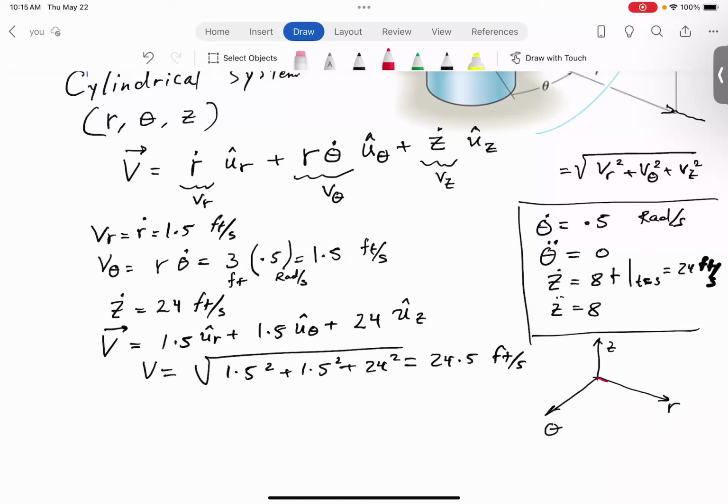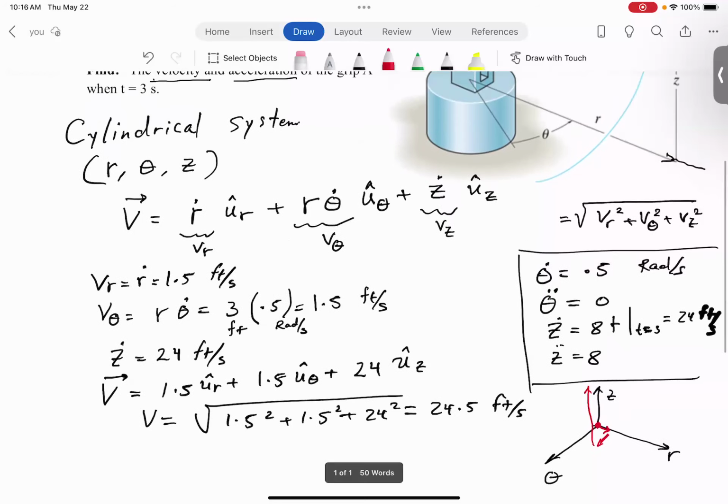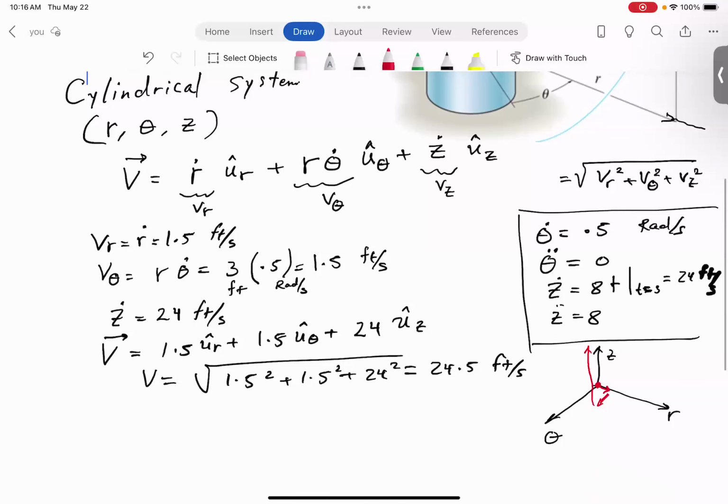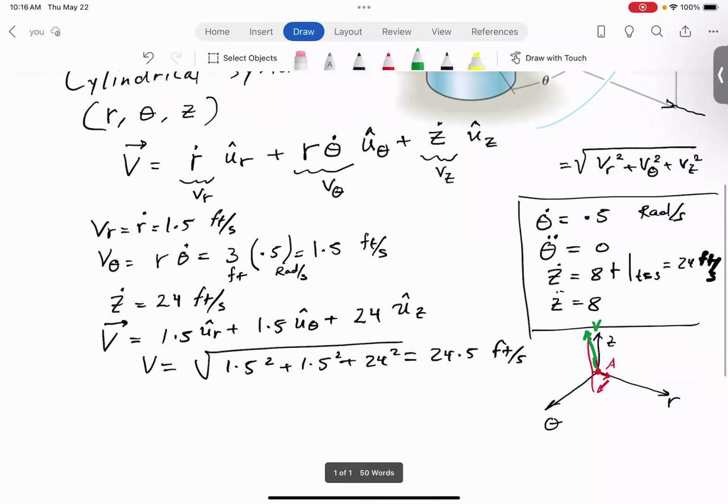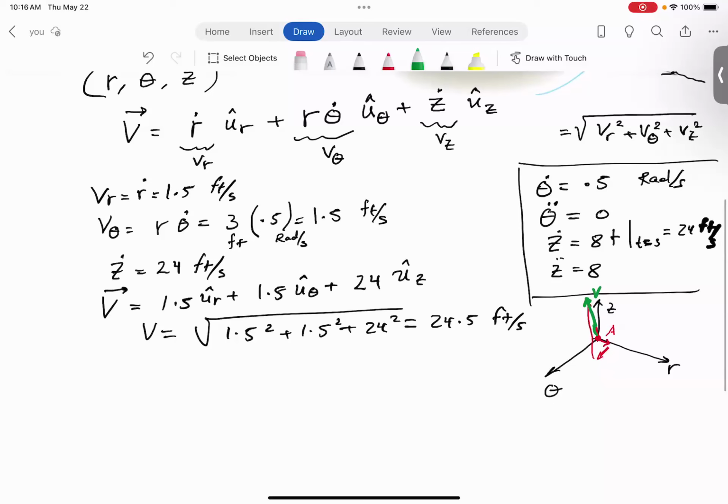So 1.5, 1.5 positive, and then 24, like that. So if we say this is where that point is, point B, point A, where the grip is, right? And I will put our axis there. So this would be the velocity vector, the 24.5. Excuse me.